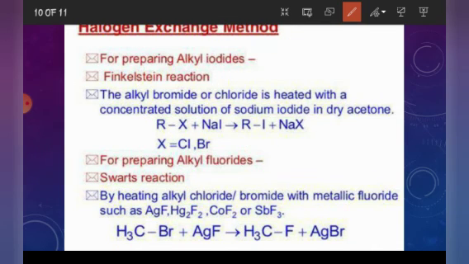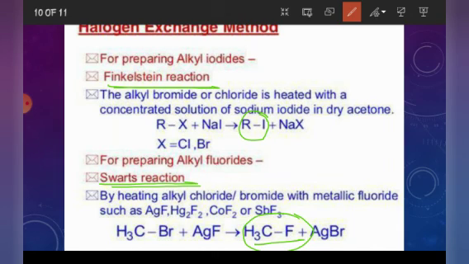Again I am repeating, in the halogen exchange method you have to remember two reactions by name. Finkelstein is used for the preparation of particularly alkyl iodides. Then you need to remember Schwarz reaction, which is used for the preparation particularly of alkyl fluorides.